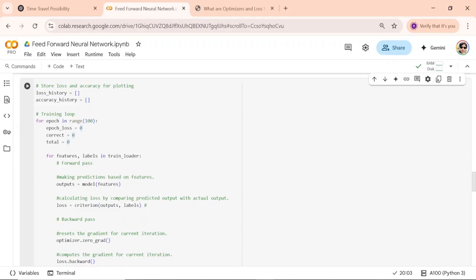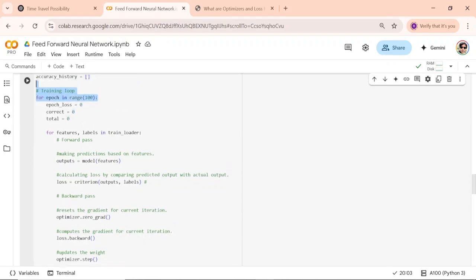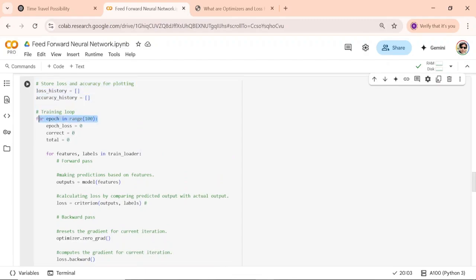We have defined a few arrays here: loss history and accuracy history for each epoch. We have decided on 100 epochs here. It may not be needed, maybe fewer as well, right? So you can have 10 epochs or 20 epochs, but I'm using 100 epochs here.